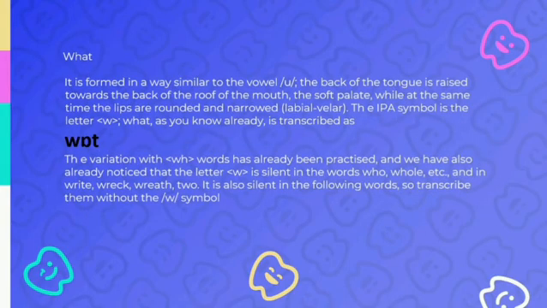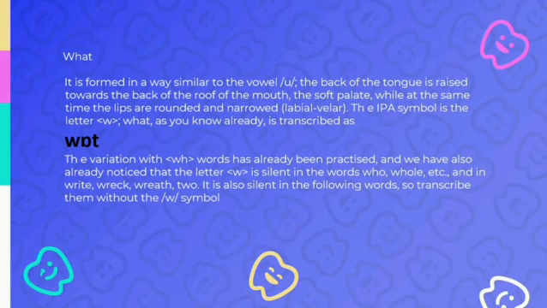W. It is formed in a way similar to the vowel u. The back of the tongue is raised towards the back of the roof of the mouth, the soft palate, while at the same time the lips are rounded and narrowed, labial and velar. The IPA symbol is the letter w.